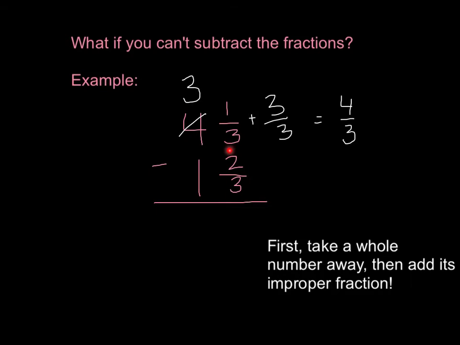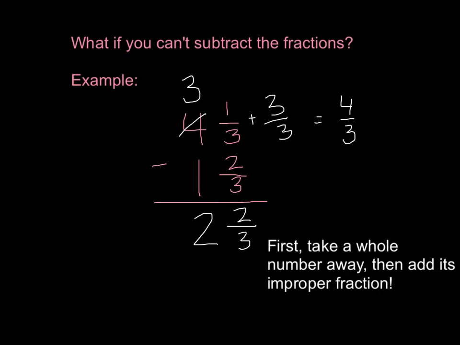So 4 subtract 2 is 2, and 3 just stays as my denominator. The next thing I need to do is just go ahead and subtract the whole numbers, only this time I'm subtracting 3 minus 1, and its answer equals 2. So your answer in this problem is 2 2/3.